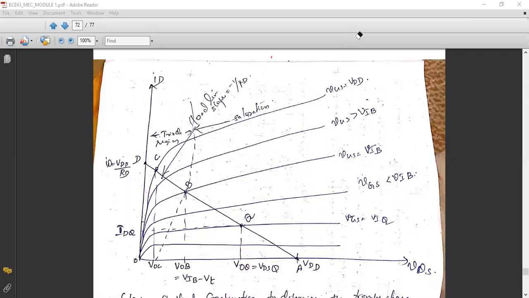Corresponding to this Q, you have noted down your VDSQ value and IDQ value, and you have to design a biasing circuit to establish this VDS value and ID value. This is the process of fixing a bias voltage and bias current using some circuitry.